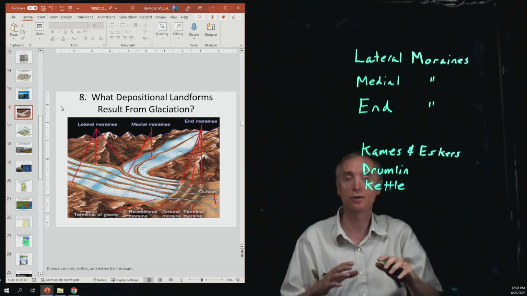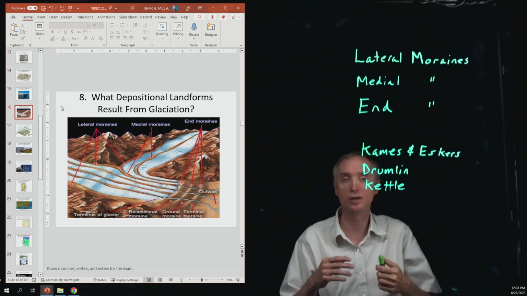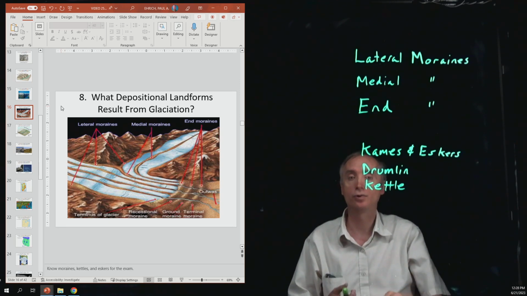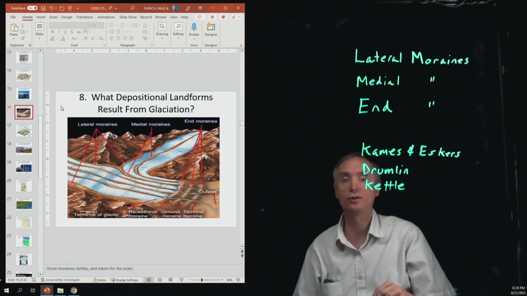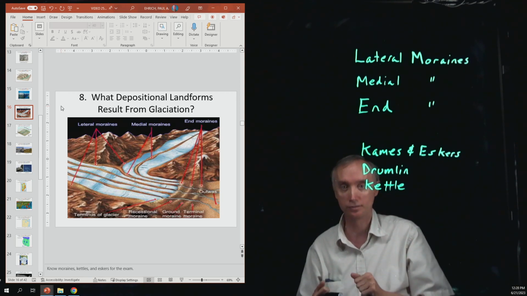Then the material that is bulldozed in front of the glacier can become an end moraine. So the end moraine is going to be at the end of the glacier. The lateral moraines are going to be at the sides of the glacier, and then a medial moraine is going to be in the middle of the glacier.